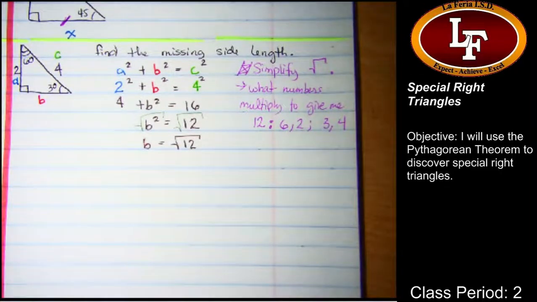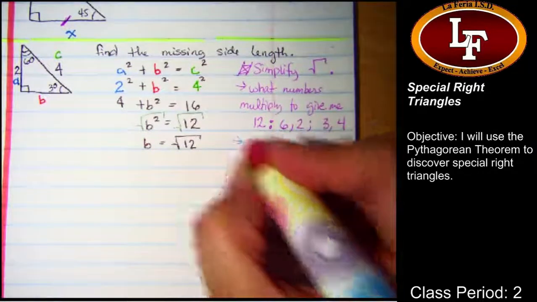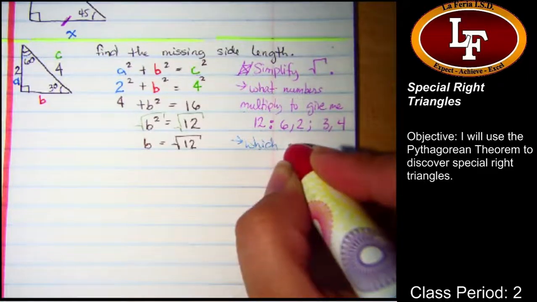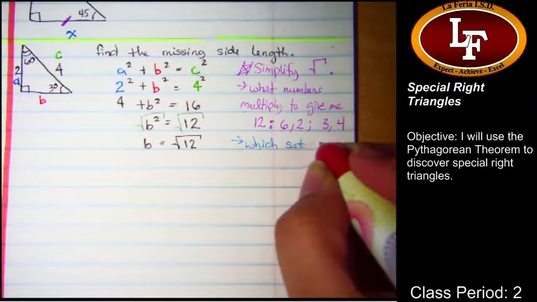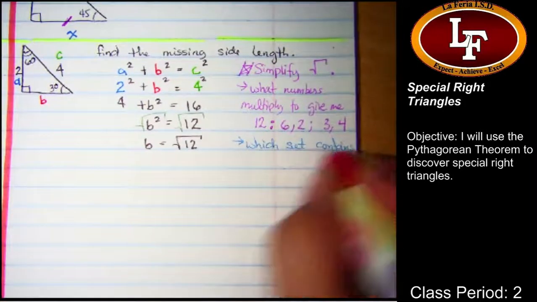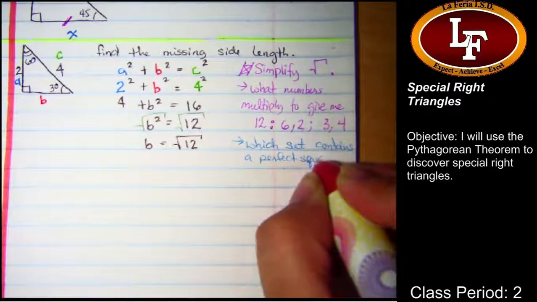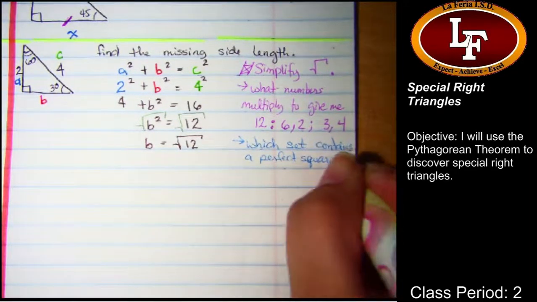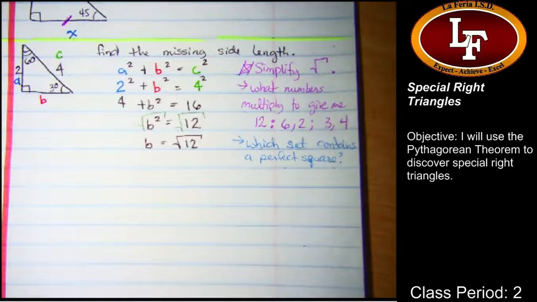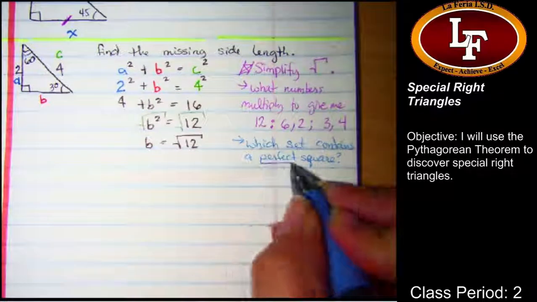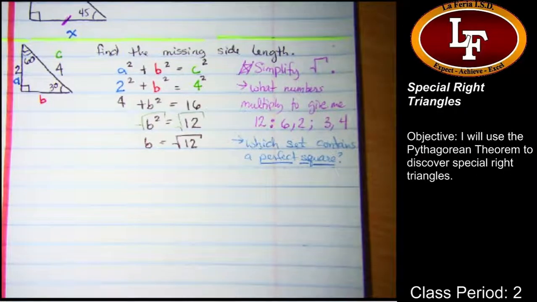The next question to ask yourself is, which set contains a perfect square? A perfect square is a number that you get from squaring a whole number.